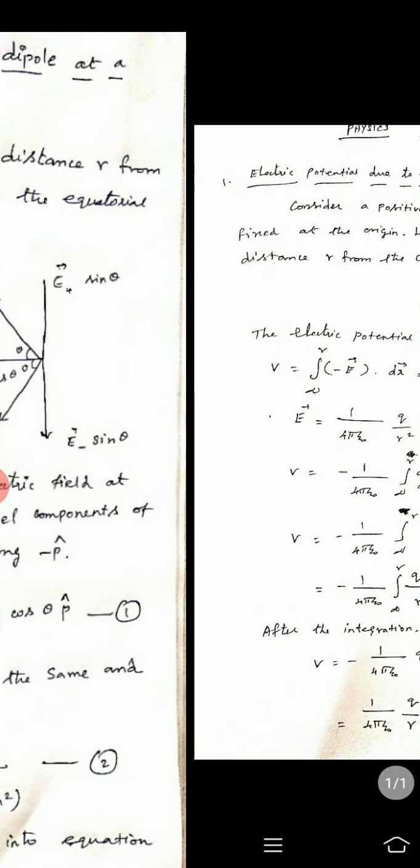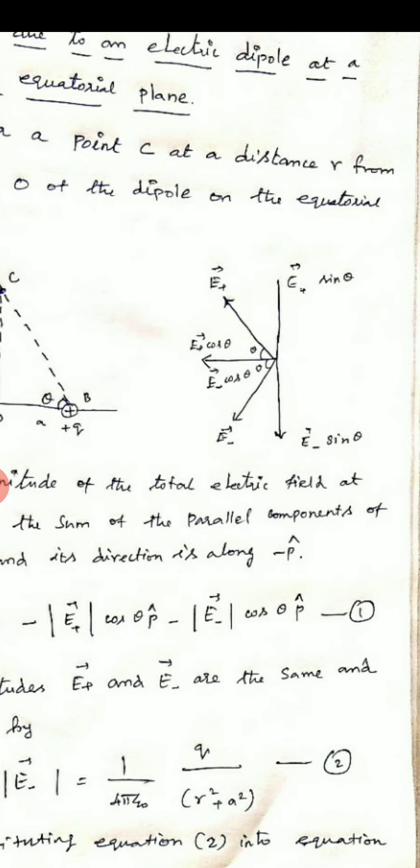The direction of the E plus vector is along BC, and the direction of the E minus vector is along CA. Then the E plus vector and E minus vector are resolved into two components: one parallel to the dipole axis, the other perpendicular to it.